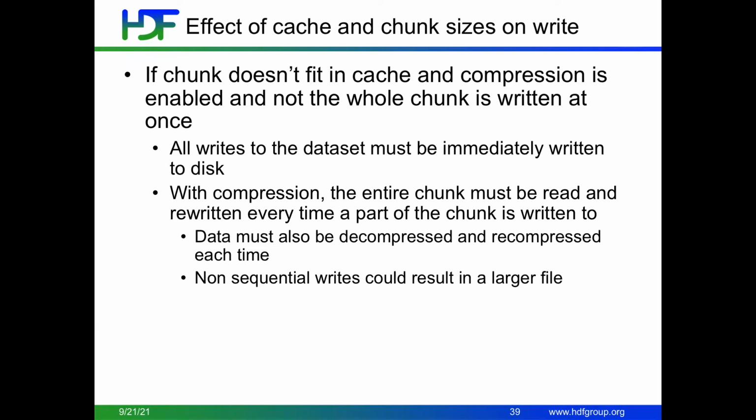The library reads the chunk back because it's not in cache, an uncompressed element is modified, and it changes the size of the compressed chunk, because compression may work differently. If it is smaller, it can be written to the same space where it was allocated. But if it becomes bigger, the library has to allocate another space to write it to the file.